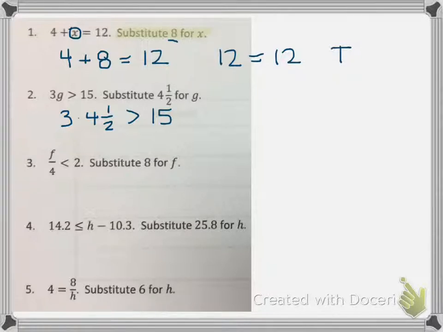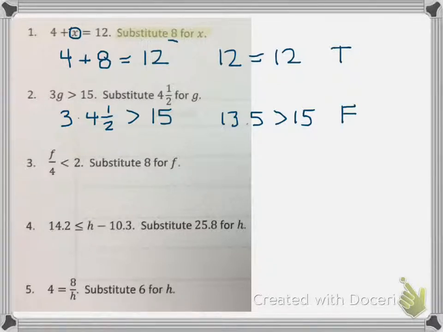Well, what's 3 times 4.5? Well, 3 times 4 is 12. And 3 times 1/2 is 1.5. So 12 and 1.5 is 13.5. So this statement is 13.5 is greater than 15. And that is false.